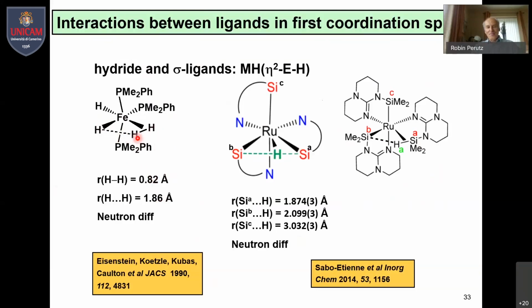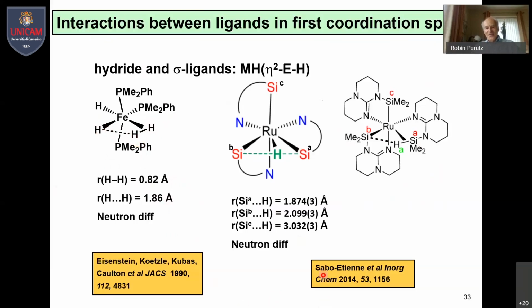The bound H2 has a bond length of only 0.82 angstroms, but the hydrogen here interacts with its neighboring hydride with a distance of 1.86 angstroms. So there's certainly an interaction between these 2 as well.